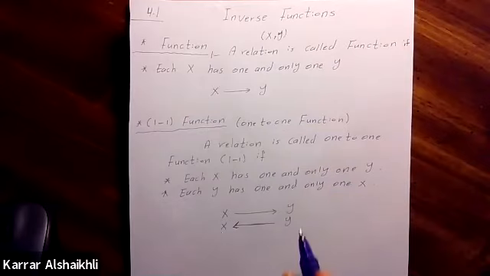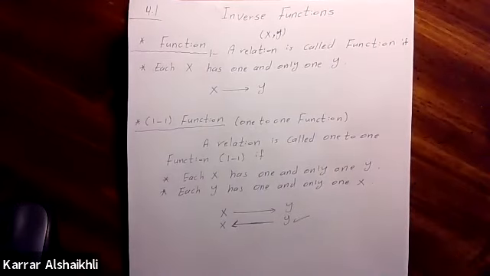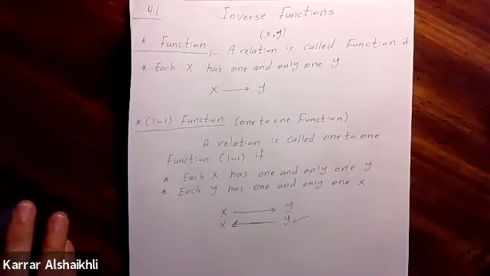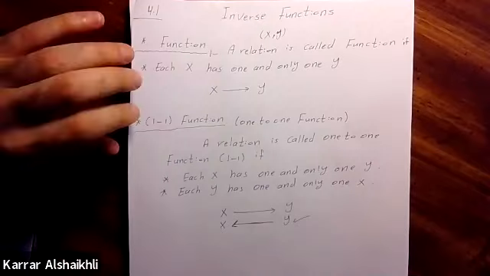If this condition is satisfied, that means the function is going to be called one-to-one function. About how to find if the function is one-to-one, let's start with a simple example to make sure the function is one-to-one or not. So here's an example. They're going to give you this example, and you have to do exactly the same steps.